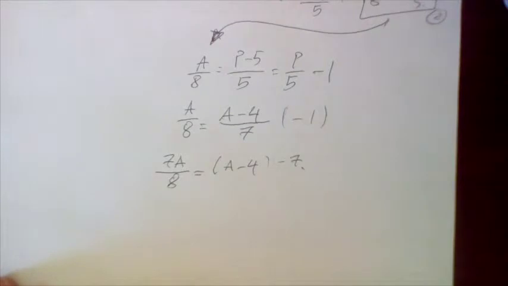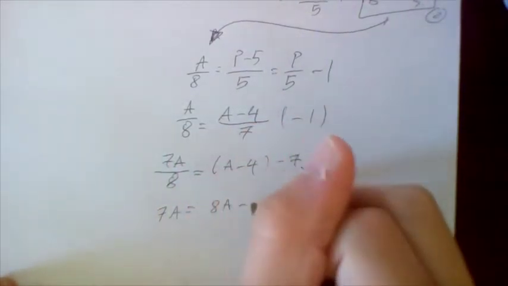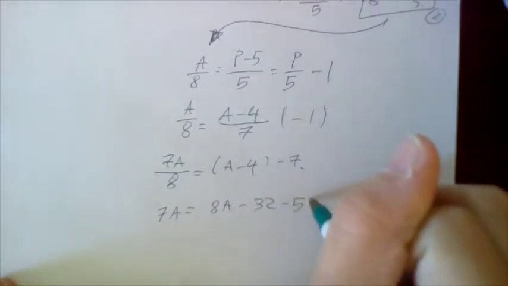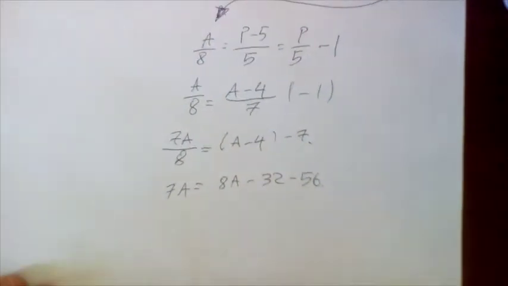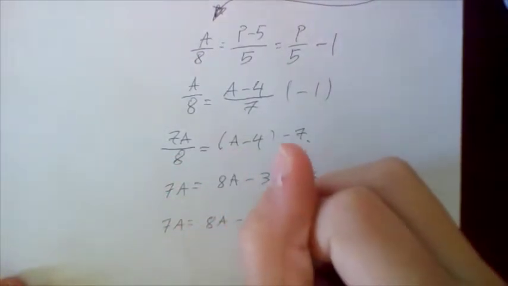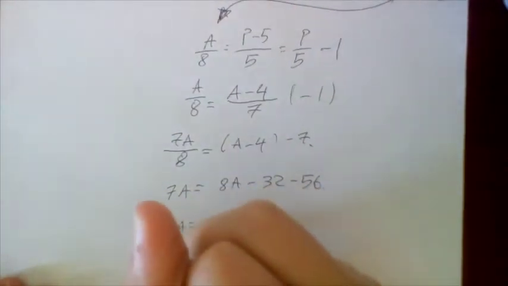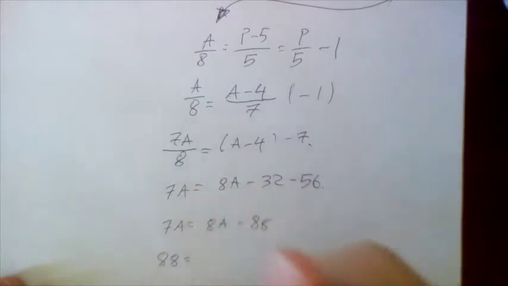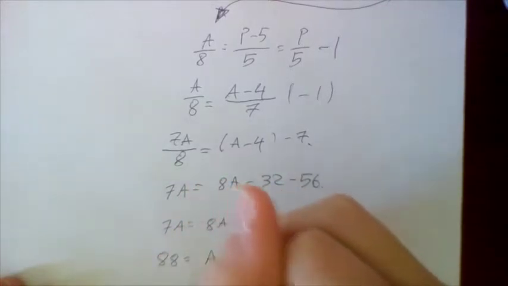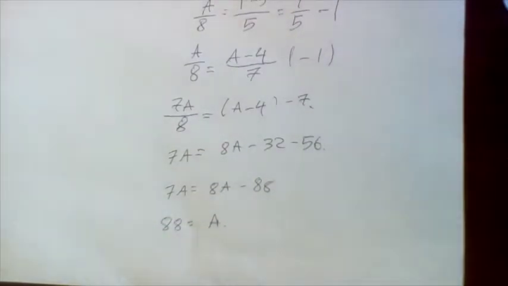Now we times 8 to both sides and we get that 7A is equal to 8A minus 32 minus 56. So 7A is equal to 8A minus 88. Subtract 7A from both sides and add 88, and we get that 88 is equal to A. So we have solved that the number of apples equals 88.